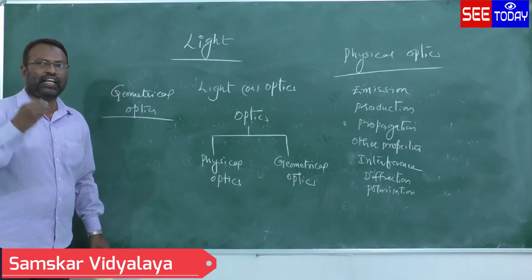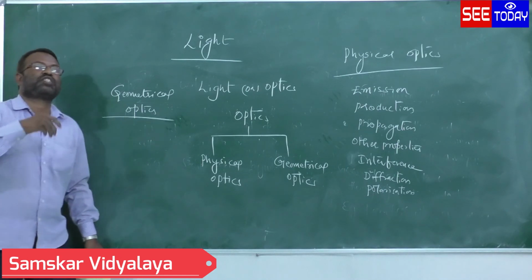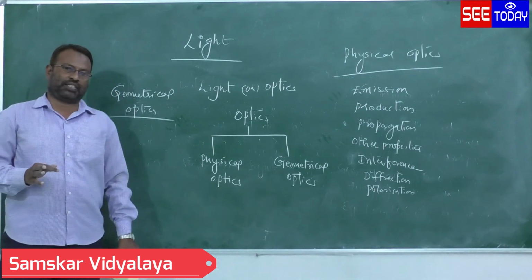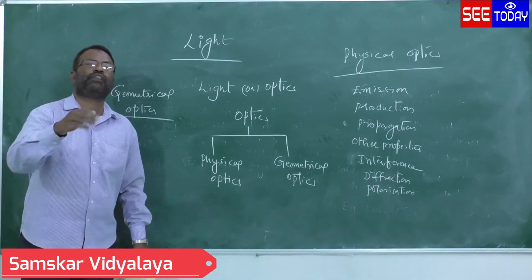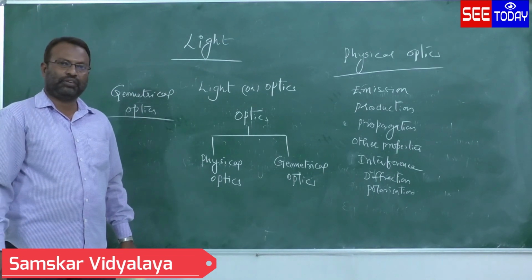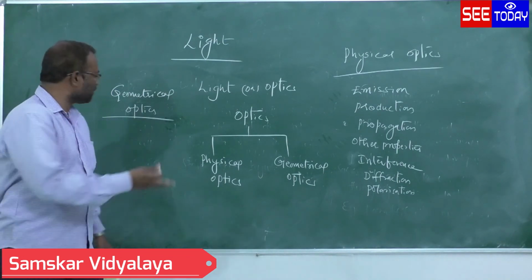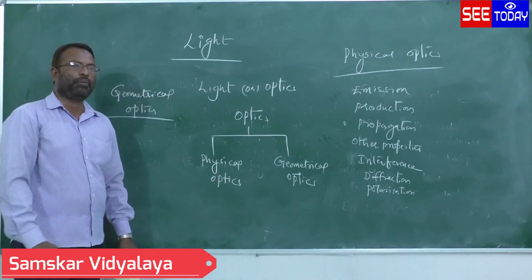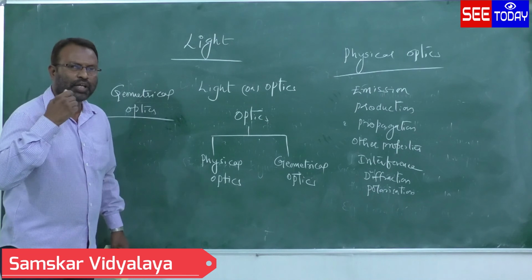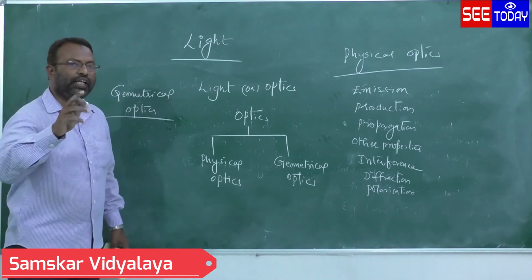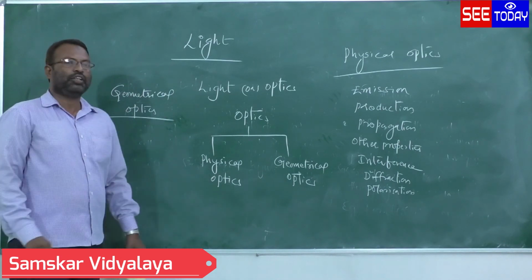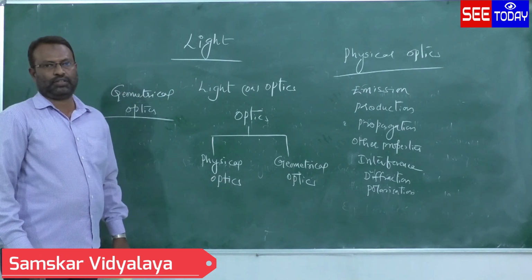Newton in his lifetime successfully explained geometrical optics. He successfully explained reflection, refraction, rectilinear propagation. That optics we call geometrical optics. If you are studying reflection, refraction, rectilinear propagation, that subject we call geometrical optics. Okay?